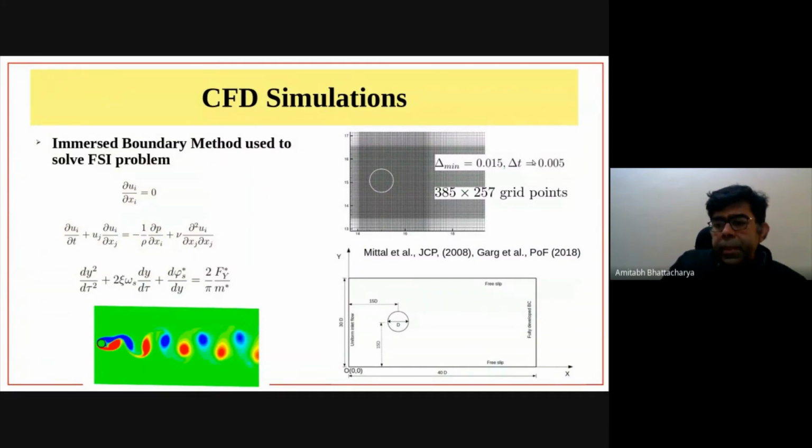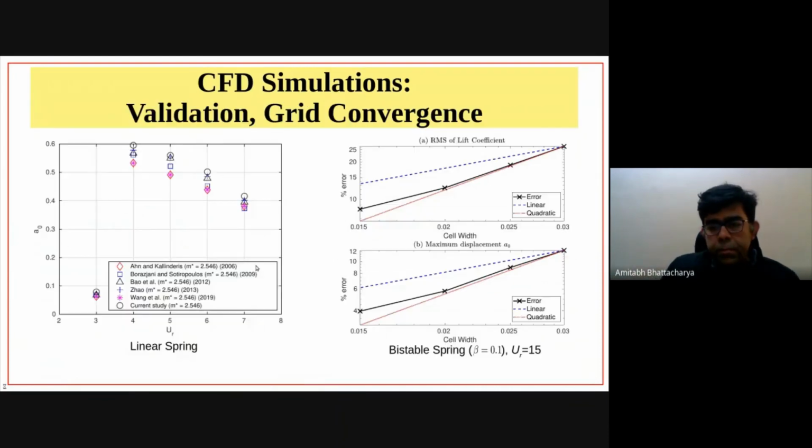There is a fixed time step that we used, and it's about 385 by 257 grid points. One thing I want to add is that when you solve these types of equations, you have to be very careful about time stepping. So we used a Verlet time step because that really conserves the elastic energy of the solid. Otherwise you will start to see a decay in the solid oscillations.